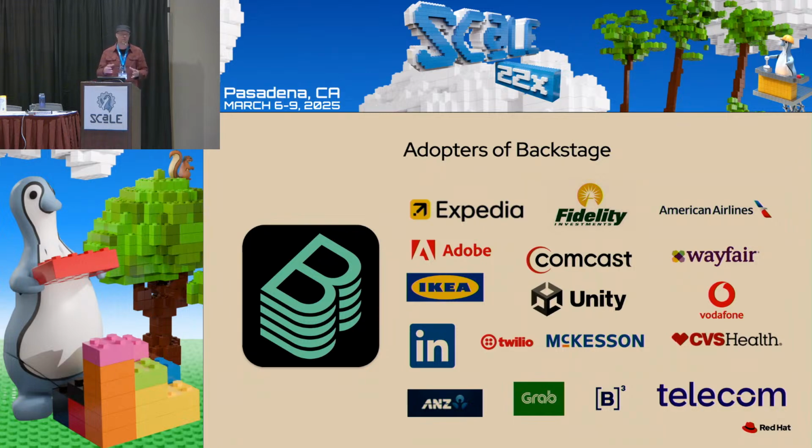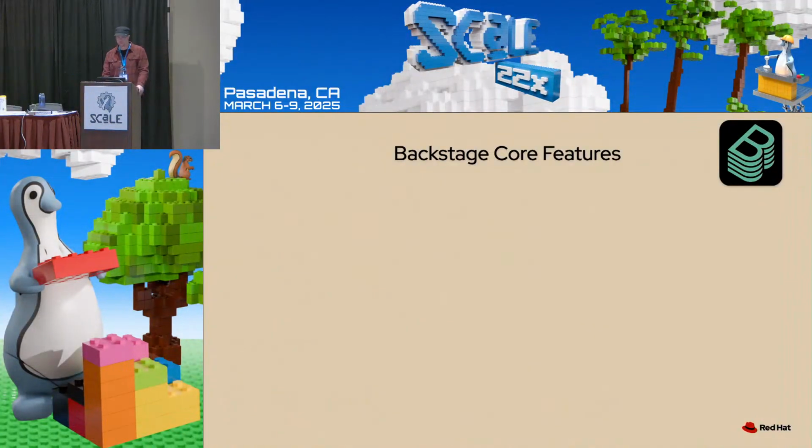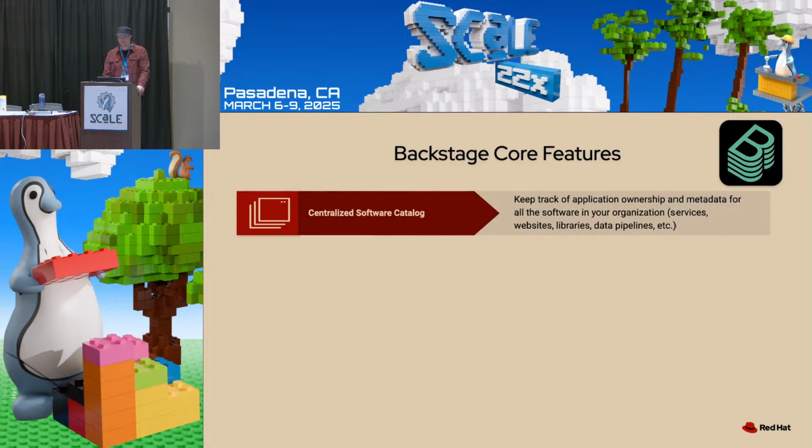Anyway, their approach really resonated with a large number of folks in the industry, and there's been a good deal of adoption for Backstage, with a lot of different companies jumping in, either using it or participating in the ecosystem.